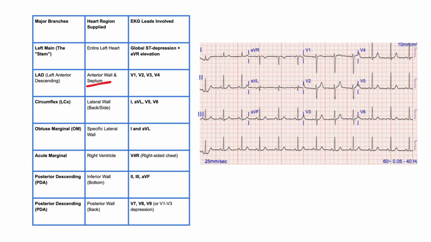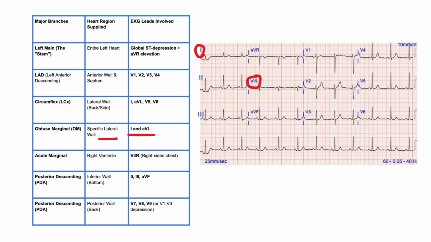There will be EKG changes on the anterior leads, such as V1, V2, V3, and V4. The circumflex, which we know supplies the lateral wall, and EKG changes will be seen on lead 1, AVL, V5, and V6. Then the obtuse marginal, which is very specific for the lateral wall, we'll see changes on lead 1 and AVL.